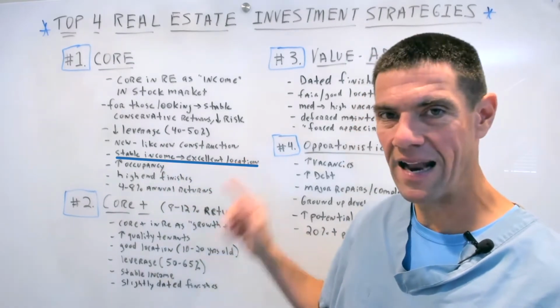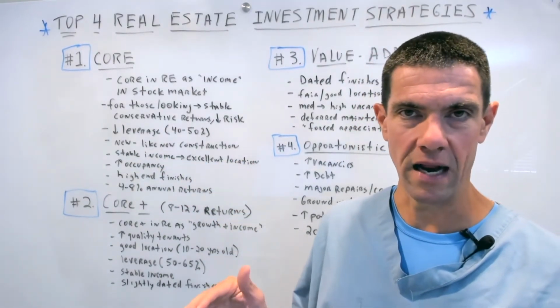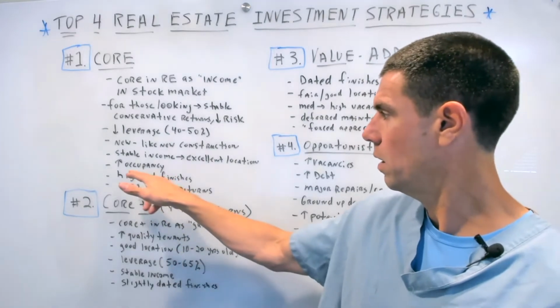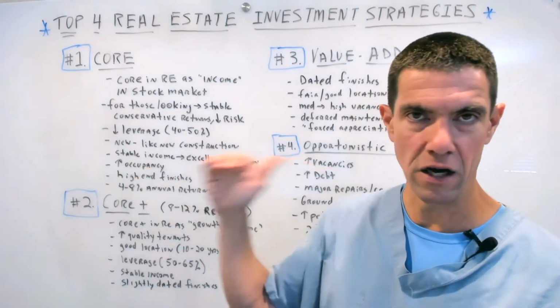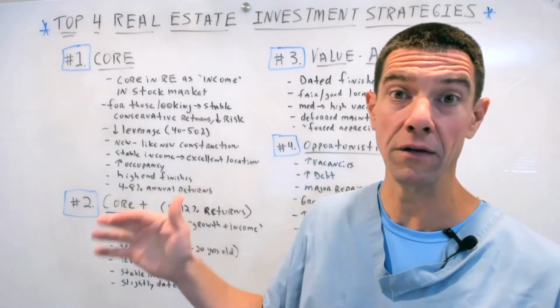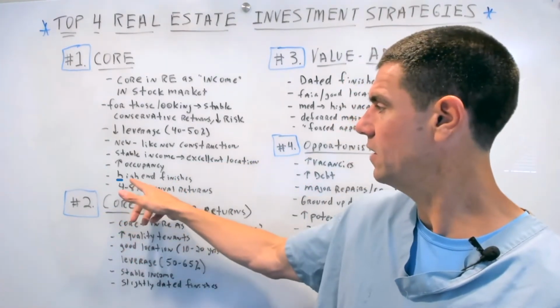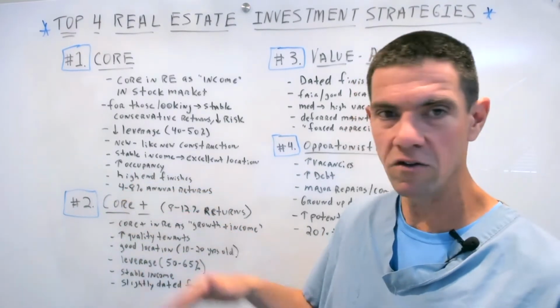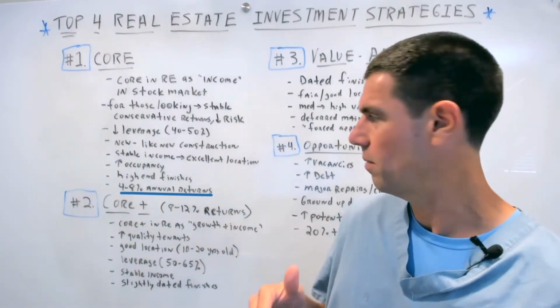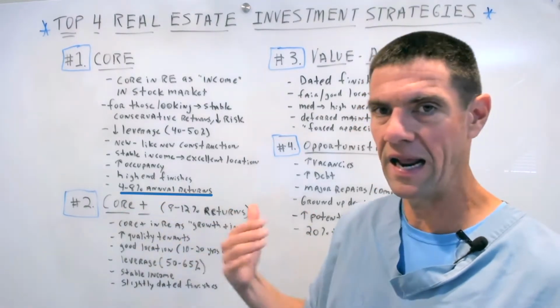They're located in an excellent area. They are very high occupancy, so they're near full to completely full occupancy. These properties are, since they're newer, they have the higher end finishes, and you can expect anywhere from 4 on the low end to 8% annual returns.